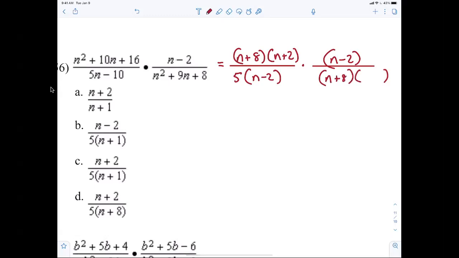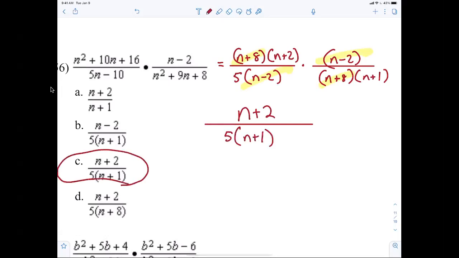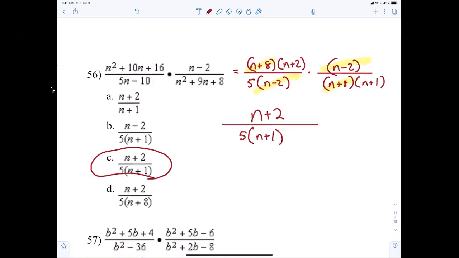The n minus 2 cancel. Five. Everybody good with that?